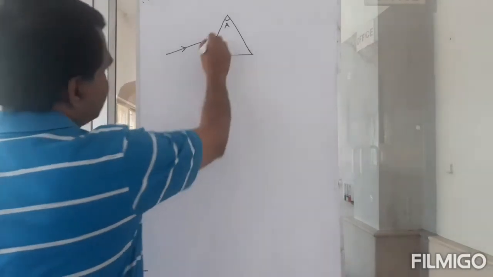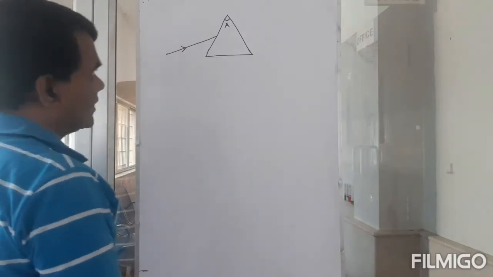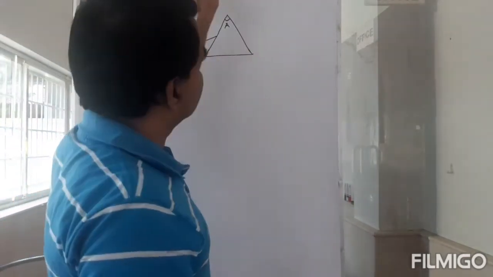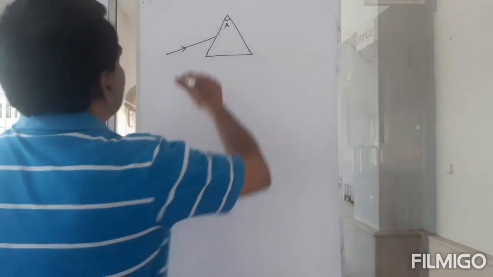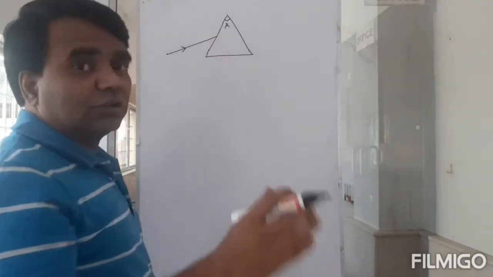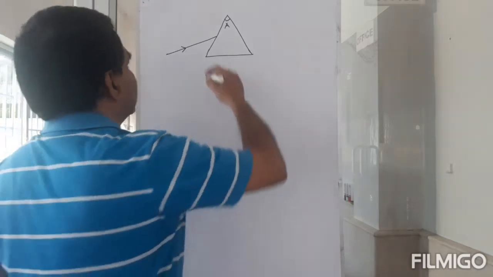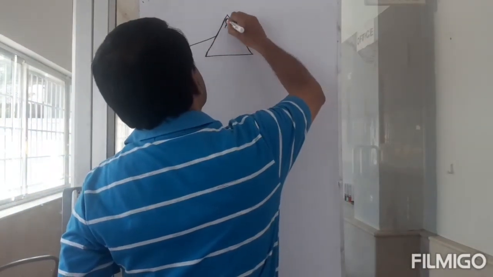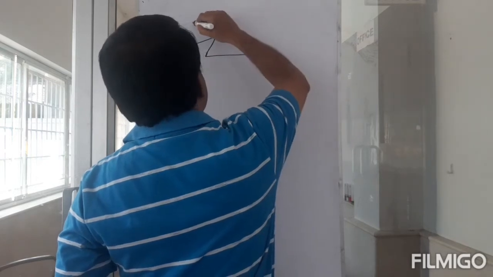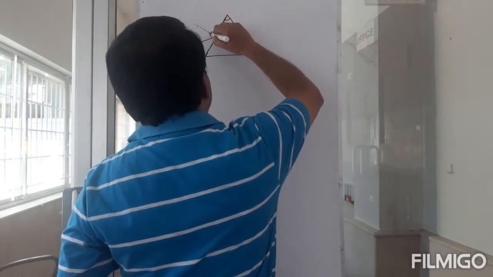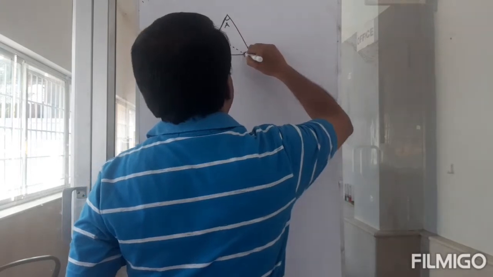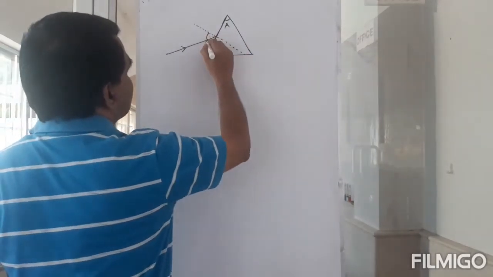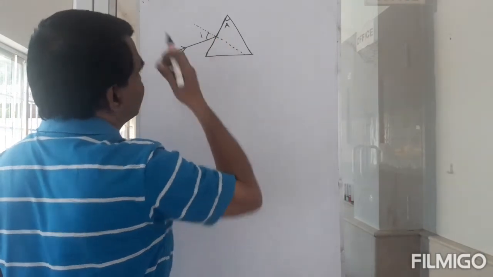Okay, so this is my incident ray, it hits the prism like that. And clearly, you have one medium here, another medium, and then the first medium here actually. So what happens is that this will undergo the law of refraction. So I have to draw a normal to this side, right? So this would be my normal to this side. So this is the incident angle, i.